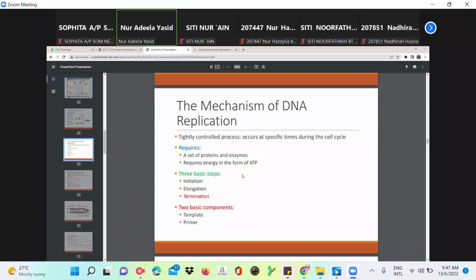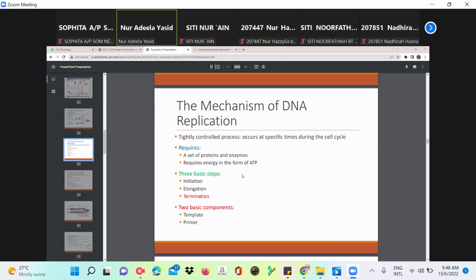So basically, all this theory applies when we perform polymerase chain reaction, which is PCR. If you want to make a copy of an E. coli gene, or any plant gene, it requires proteins and enzymes, and it will undergo all these 3 steps.